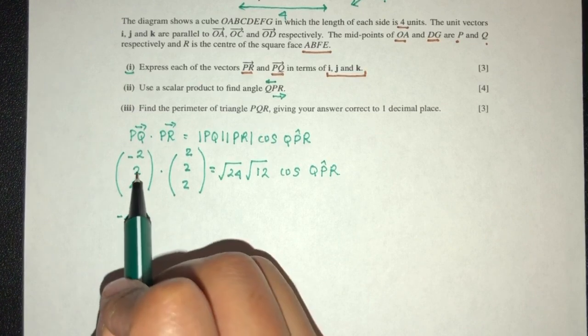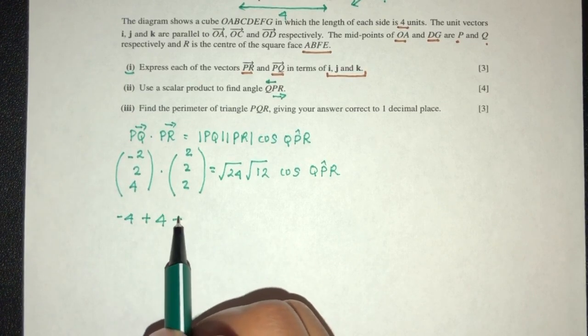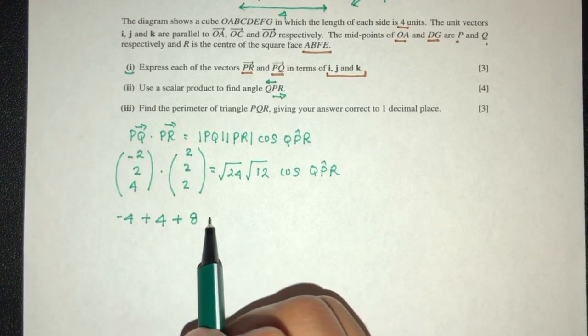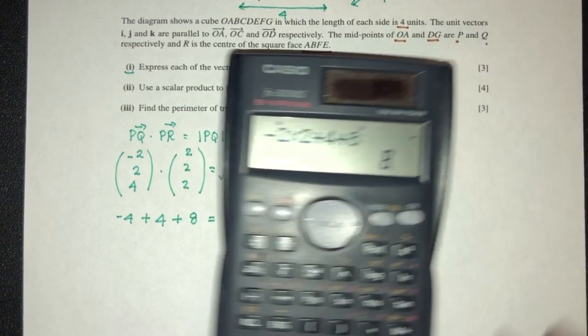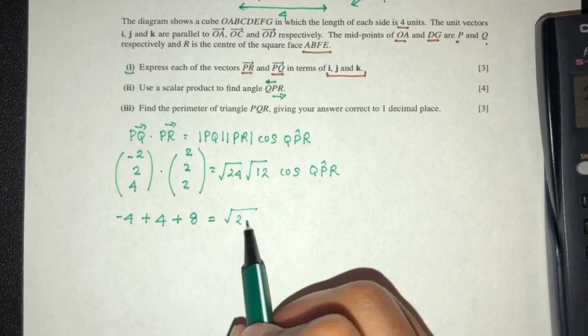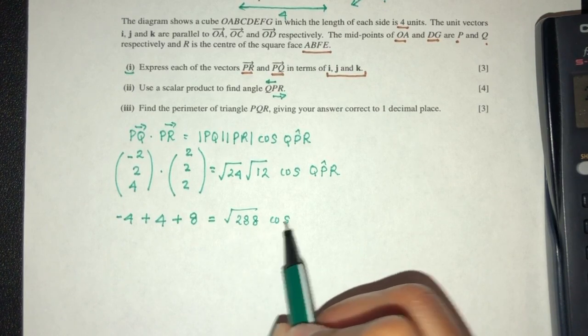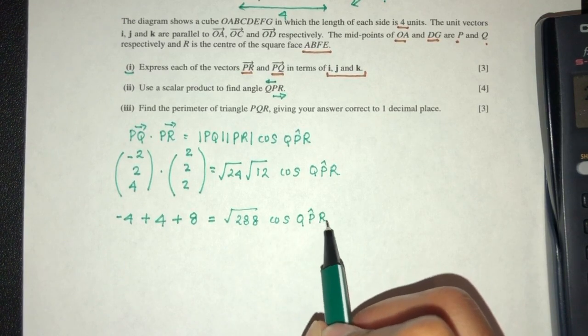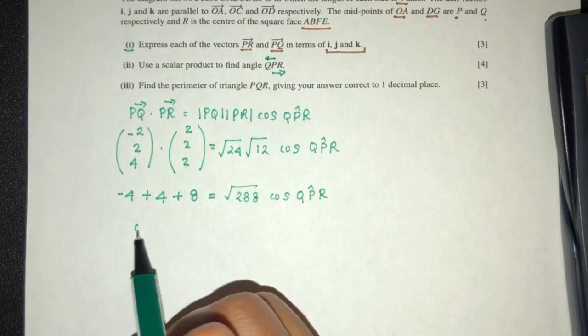Then we plus 2 times 2 is 4, plus 4 times 2 is 8. And this will be what? So 24 times 12 will be root of 288. Cos of the angle QPR. Simplify, make cos become subject.